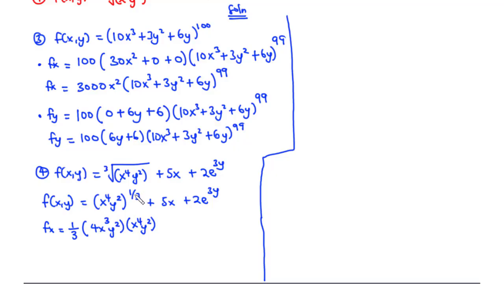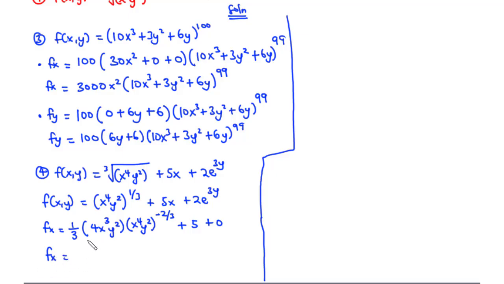So 1 over 3 minus 1 is negative 2 over 3. We differentiate this with respect to x. We have 5. We differentiate this. This is a constant. We have 0.